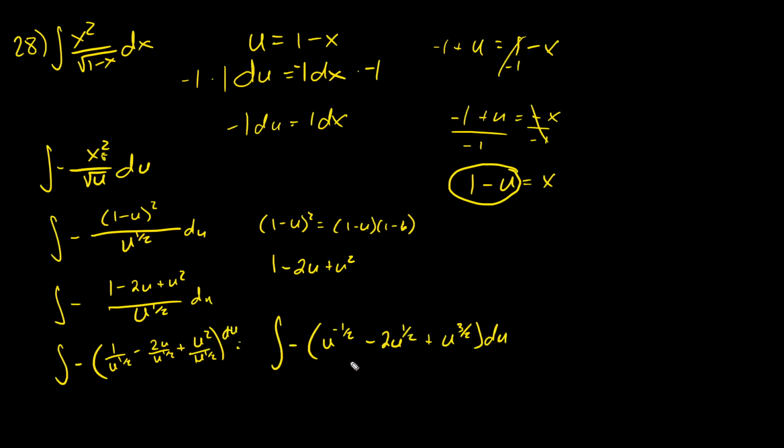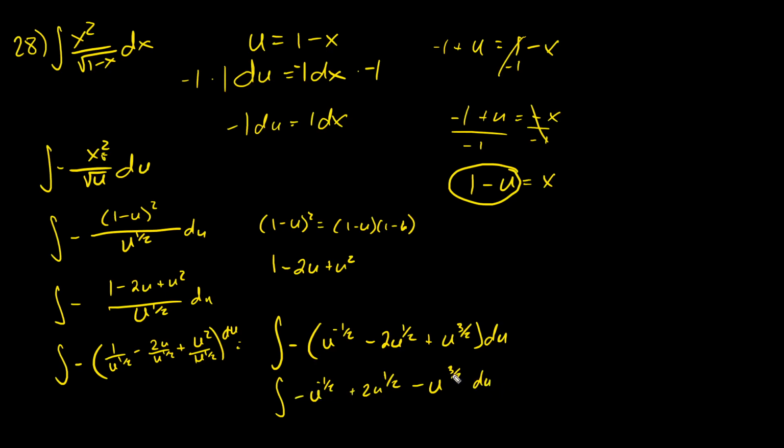All right. Now we can distribute the negative to make it easier, so we get the integral of negative u to the negative 1/2 plus 2u to the 1/2 minus u to the 3/2 du.